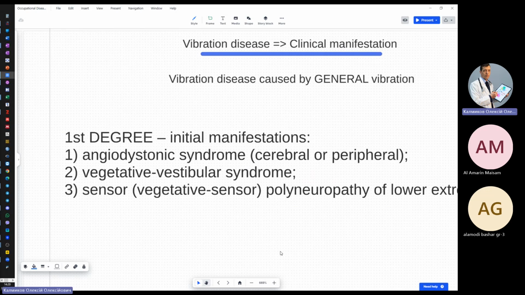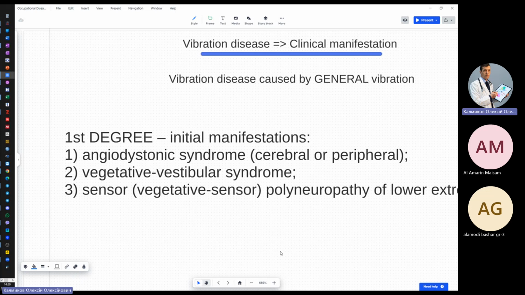If you remember, in local vibration we had mostly or only the upper extremities. Then here we have vegetative vestibular syndrome already at the first degree, which is not typical at all for local vibration.